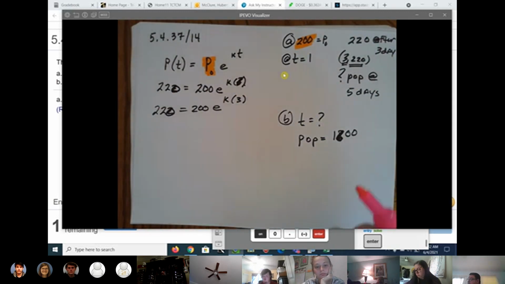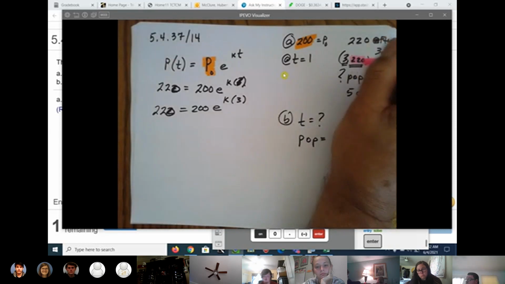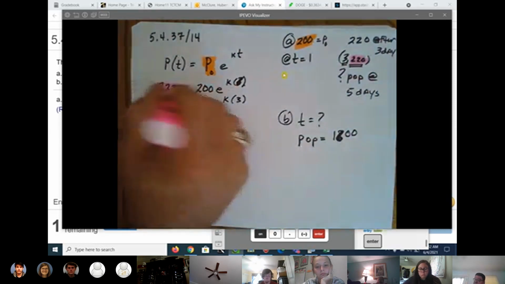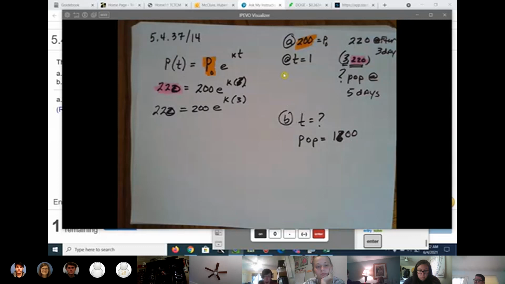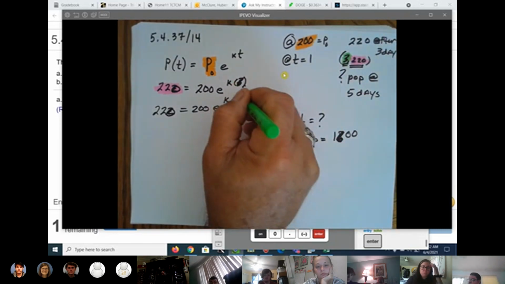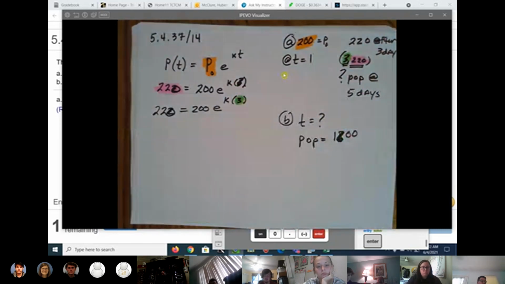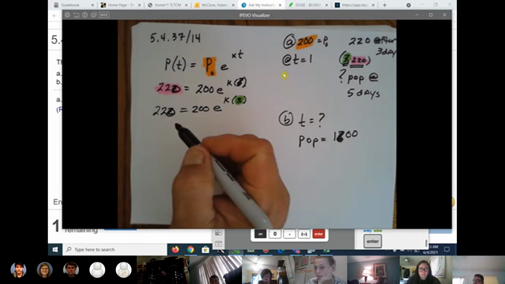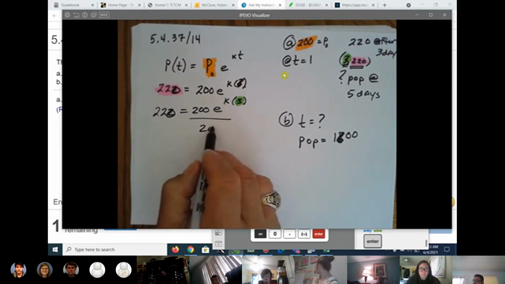So the 220 is P of t. And the 1 is 1 day. And of course, we're going to take the natural log of both sides. Now, you could do the definition of a logarithm, but I wouldn't because it's easier just to take the natural log of both sides after you divide by 200.